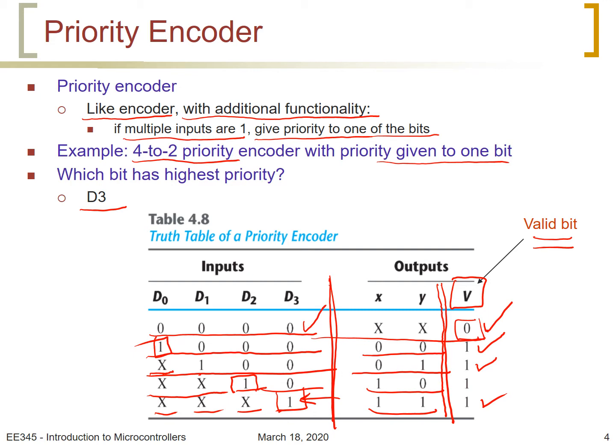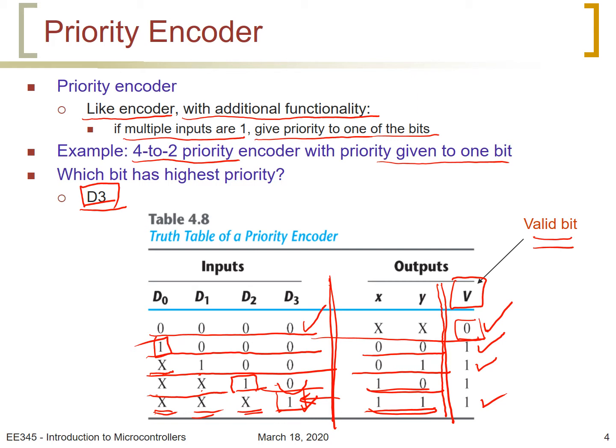When the priority is given to D3, as we have mentioned here, then we look again at the table. When D3 is 1, we don't care about the values of D0, D1, and D2, and the outputs will be 1, 1. But if D3 is 0, we look at D2. If D2 is 1, we don't care about the values of D1 and D0, and the output will be 2, and so forth.